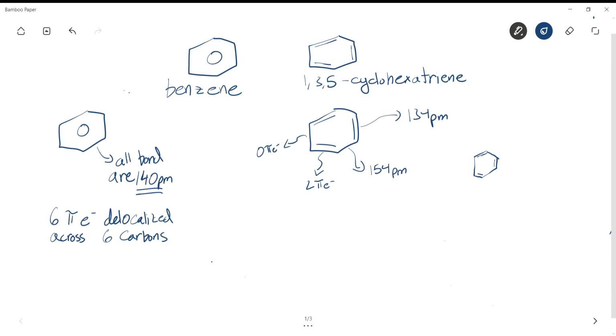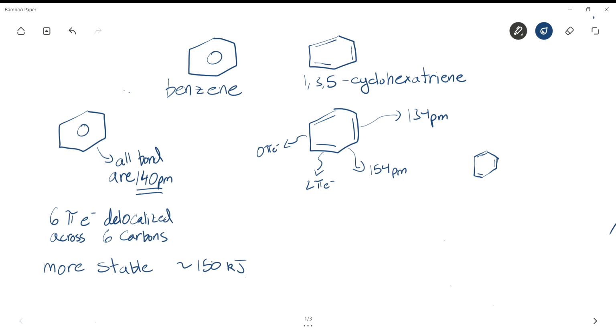Okay, and so we've studied these two molecules. If we had a program that did modeling, we could calculate these and see that there is more stability in the aromatic ring. It's about 150 kilojoules more stable than the 1,3,5-cyclohexatriene.